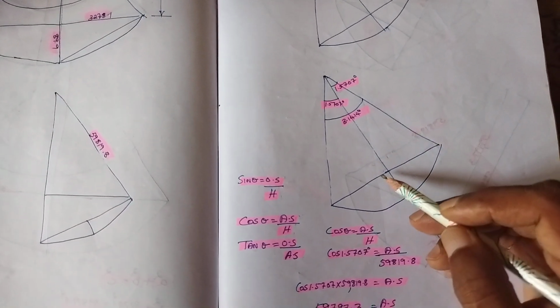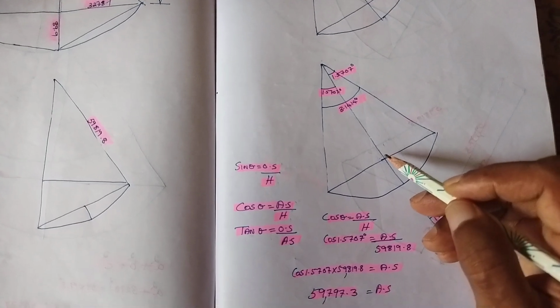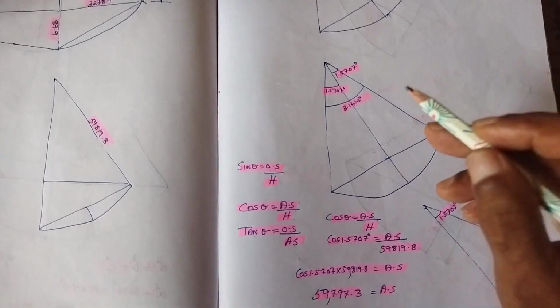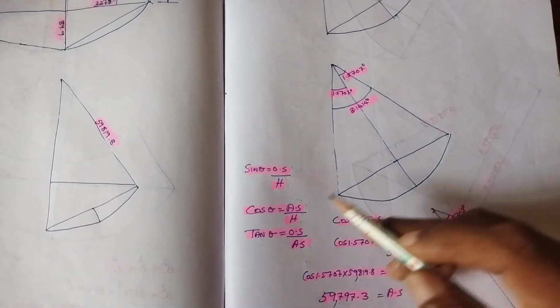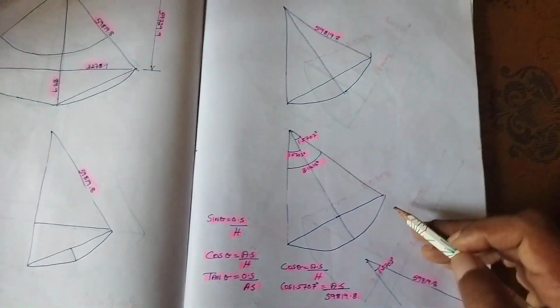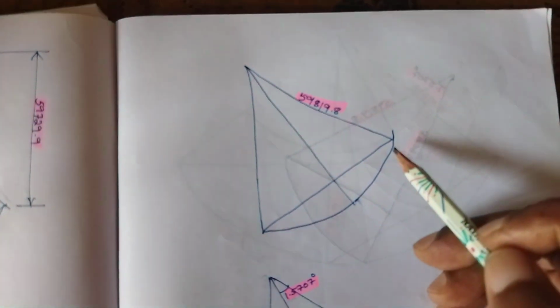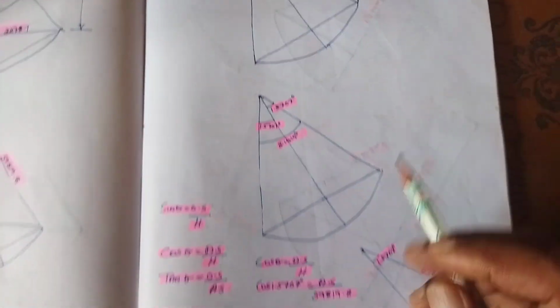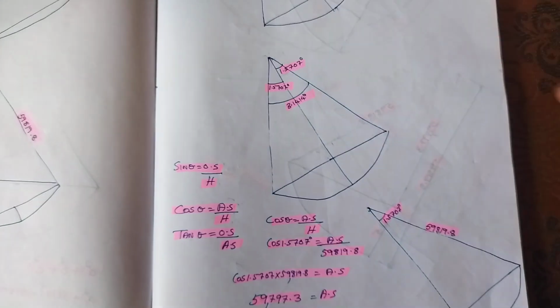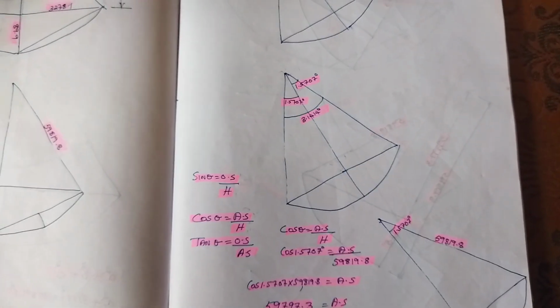So we can write the adjacent side in the equation as adjacent side or AS. And the hypotenuse we have already got. This measurement is 59,819.8.